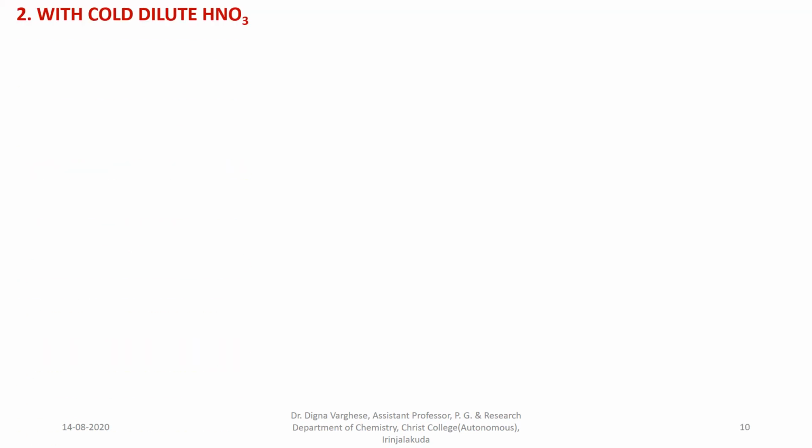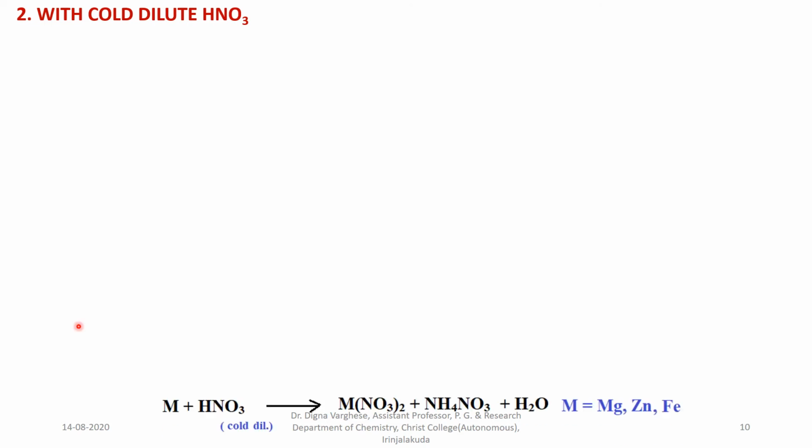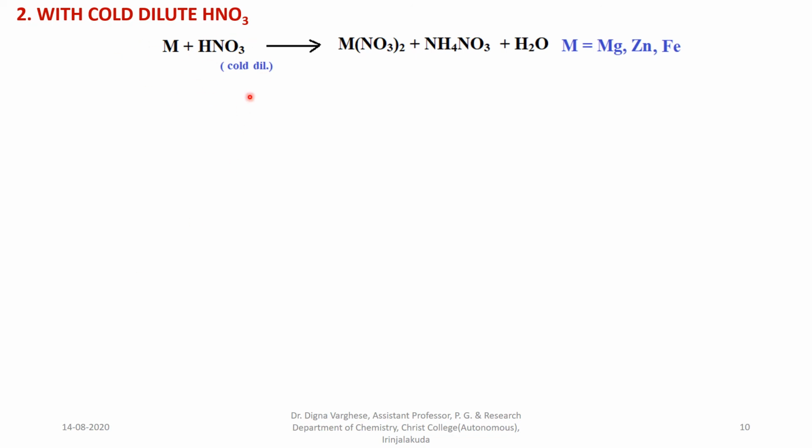With cold dilute nitric acid, some metals react giving metal nitrate, ammonium nitrate and water. The metals used for oxidation here are magnesium, zinc and iron.